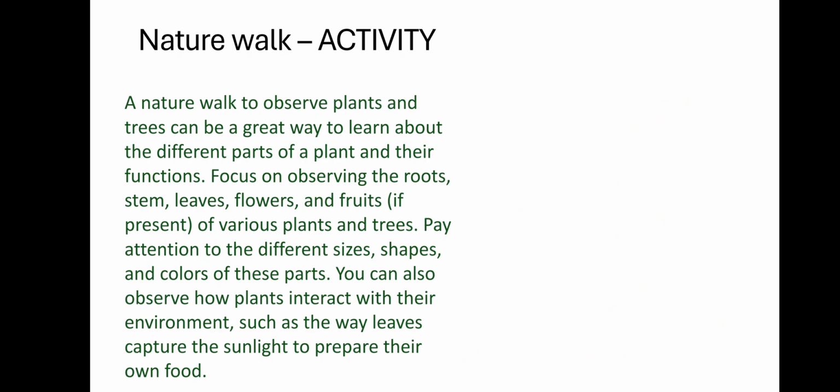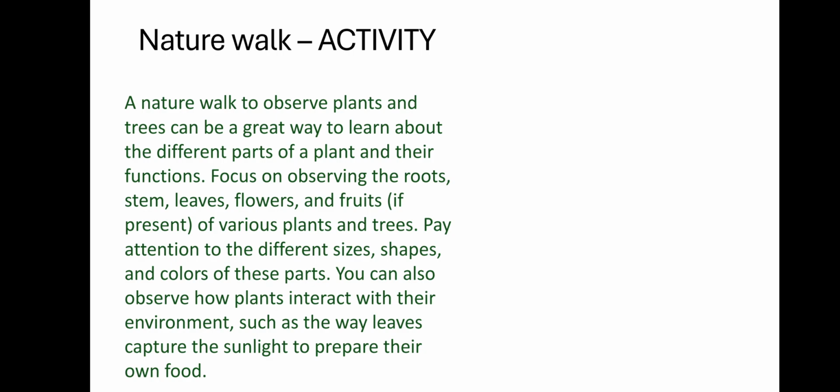Nature walk activity. A nature walk to observe plants and trees can be a great way to learn about the different parts of a plant and their functions. Focus on observing the roots, stem, leaves, flowers, and fruits, if present, of various plants and trees.